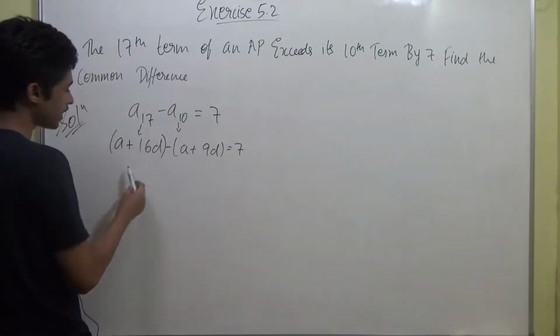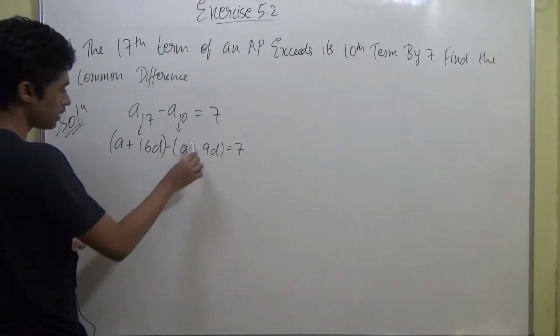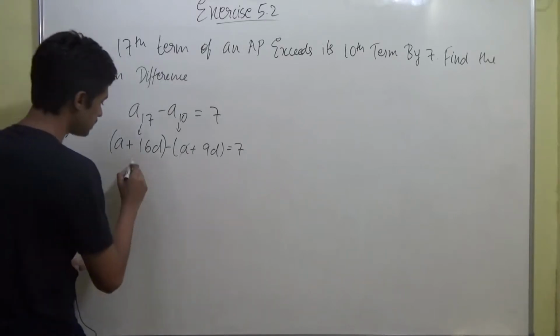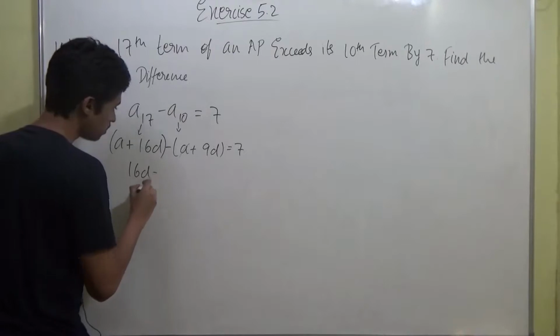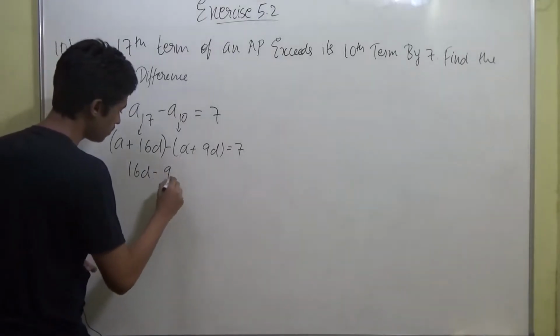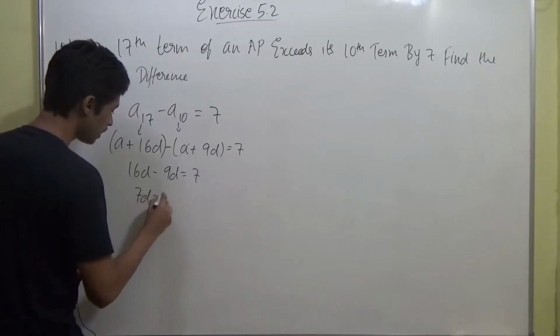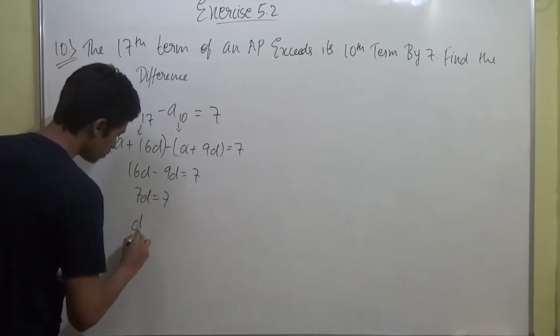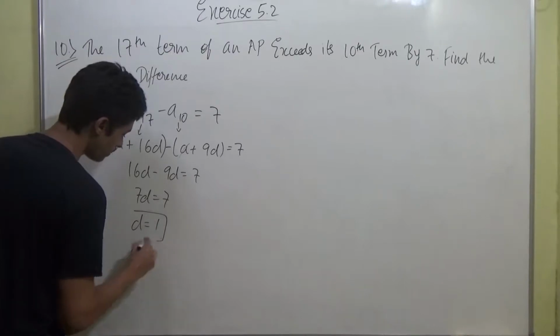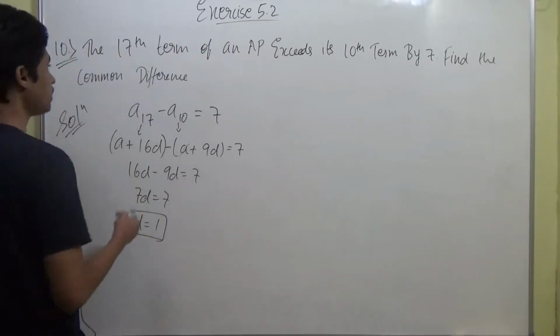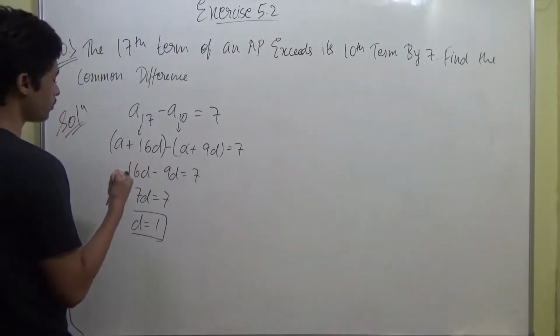So a and a will get cancelled, because it is plus a here and minus a here. It will become 16d minus 9d equal to 7. So this is going to become 7d equal to 7. Then d will become equal to 7 by 7, that is 1. Done, guys. D is 1. That's what we had to find. Find the common difference.